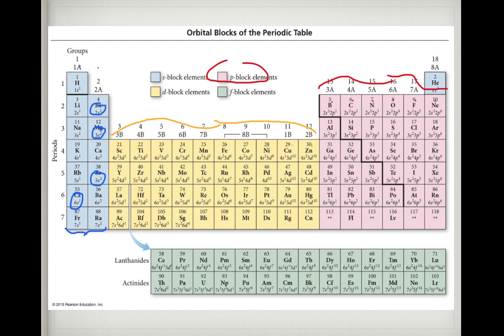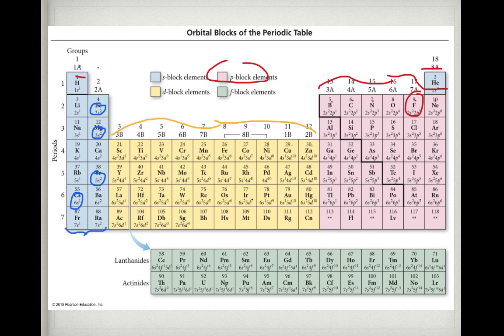If we look at how things fill in as we go across the periodic table, we fill in our S blocks as we go. Let's say we want to look at fluorine, which is way over here. We go across, 1s2, that finishes out the S's there. We jump down to the next period, and our S's go as the n level goes.